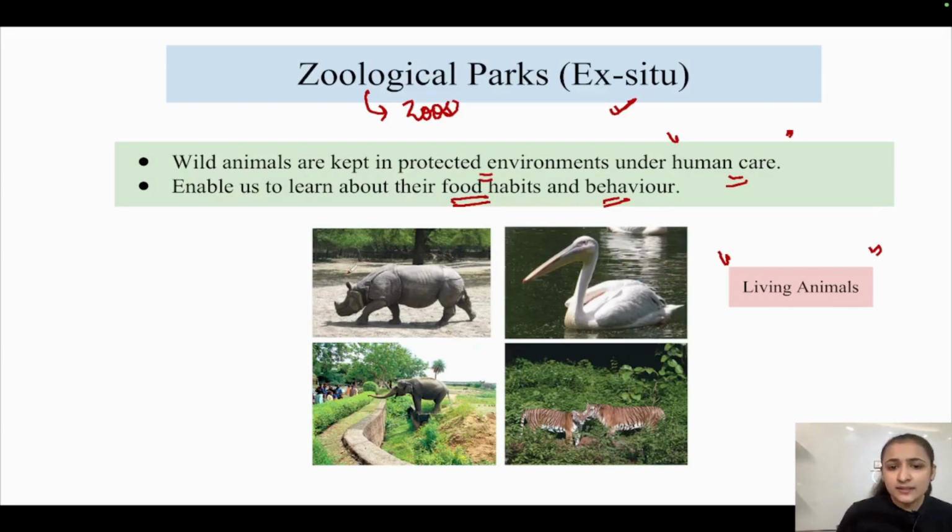Then this is a rhinoceros, then this is an elephant, and these are tigers. This is a grassland-like area, so they have kept the elephant in such an area. Then in a vegetation and bushes kind of area, they have kept tigers. So this is how they replicate the original native area when animals are in the wild.